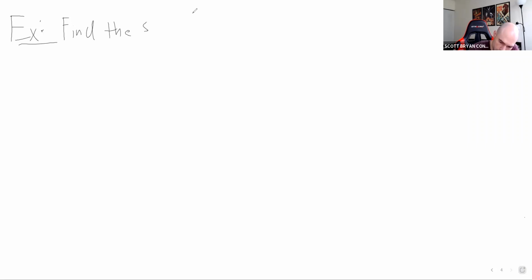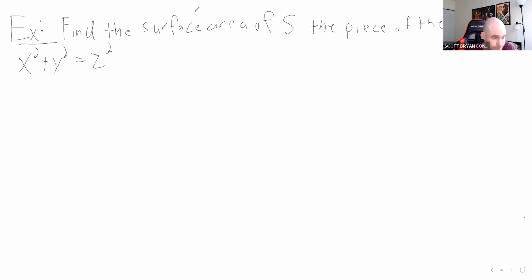So let's find the surface area of the surface S, the piece of the cone x squared plus y squared equals z squared above the disk x squared plus y squared less than or equal to 4 in the xy plane.